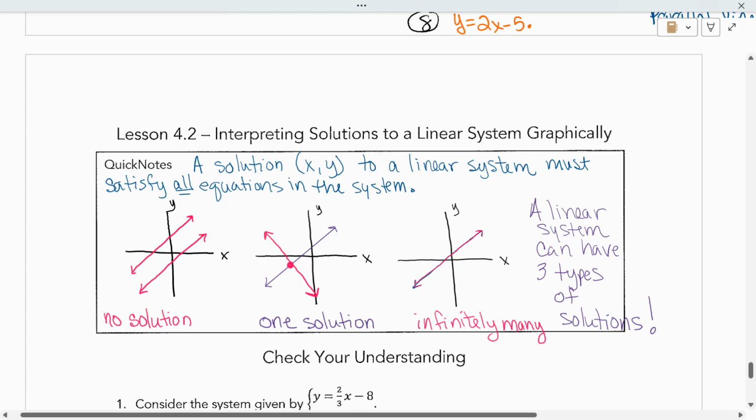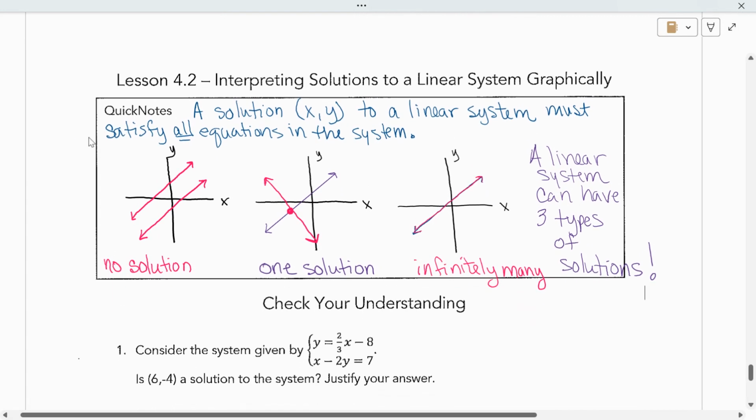It can have 3 types of solutions, just like an equation with one variable. We talked about that yesterday as well. It can have no solution, parallel lines. It can have one solution, two lines with different slopes, or it can have infinitely many.